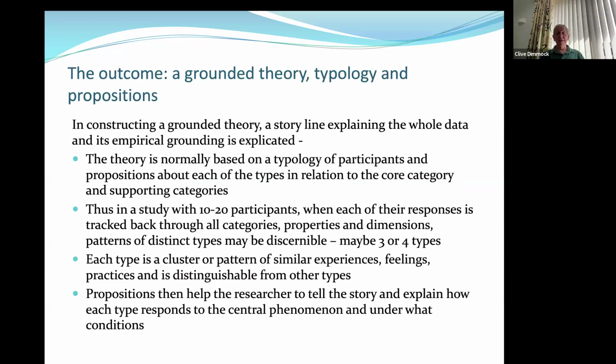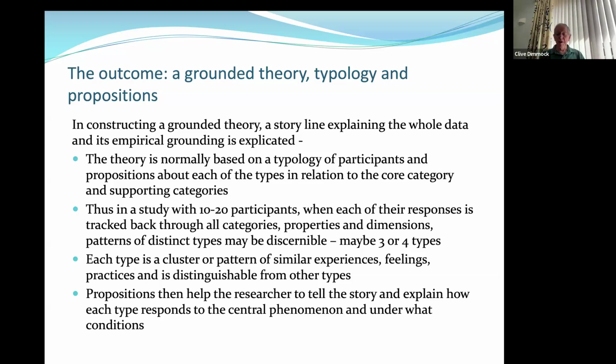Usually you'd study between 10 and 20 participants, no more, because you'd have too much data otherwise. So 10 to 20, she studied 11, my student. She came up with 3 typologies. She then identified through the data how each type had similar attributes and characteristics that you could track back through the data.